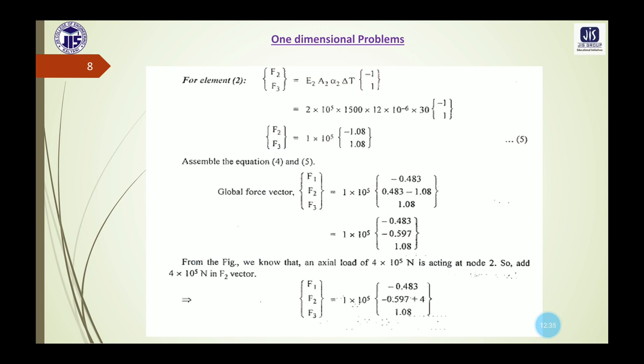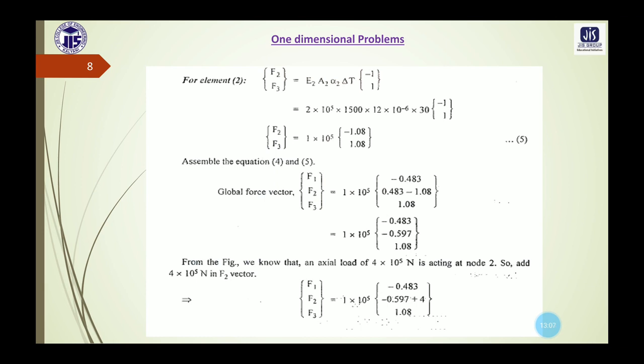So after putting the values of the necessary parameters, we get the final equation of the load vector as equation number 5. If we assemble equations number 4 and 5, then we get the equation for the global force vector F1, F2, F3, this column matrix. It equals 10 to the power 5 multiplied by a column matrix of minus 0.483, minus 0.597 and 1.08.